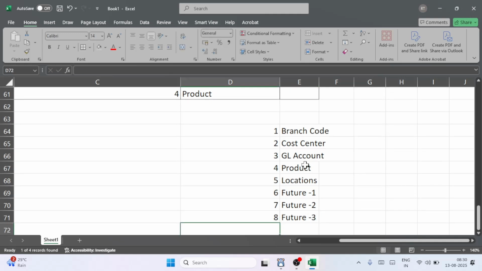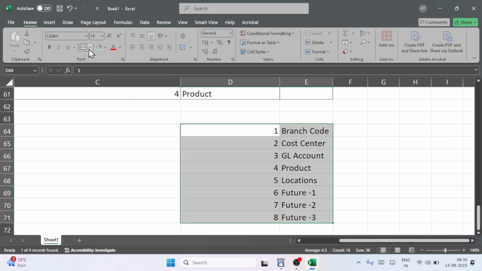So these are the segments which I need to design in the chart of account segments.